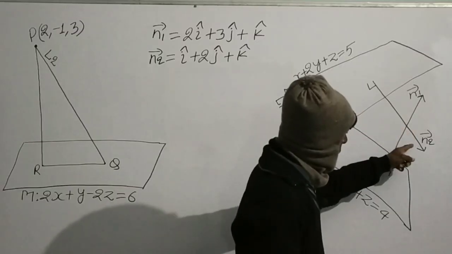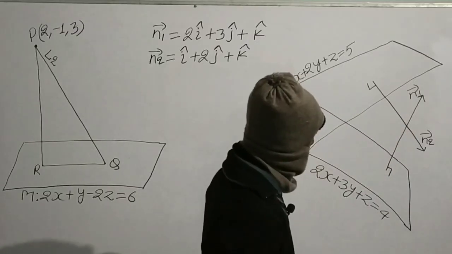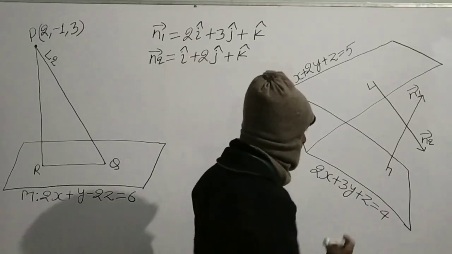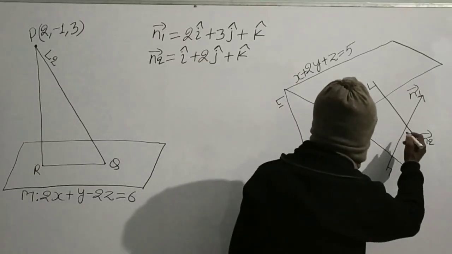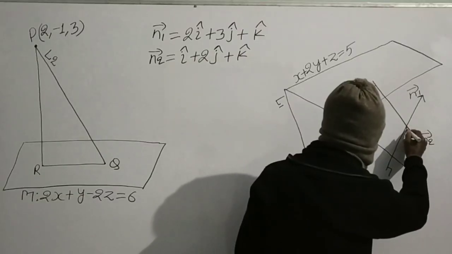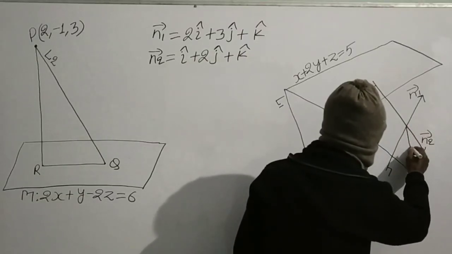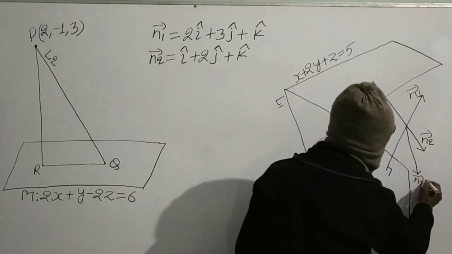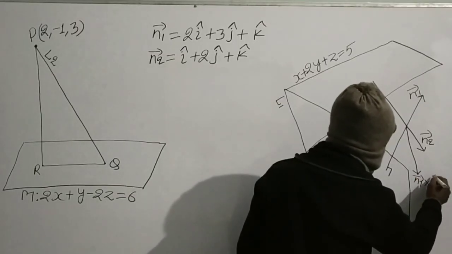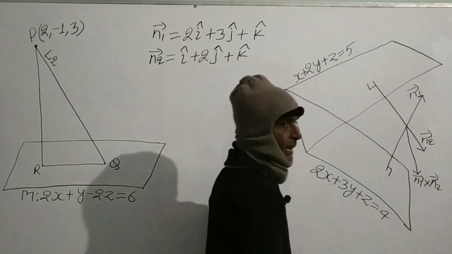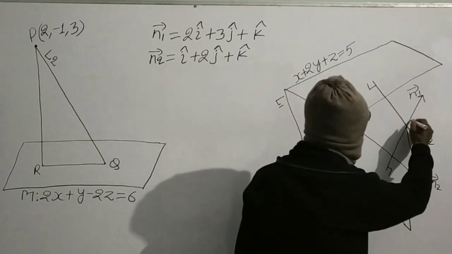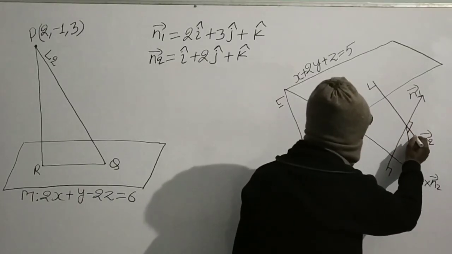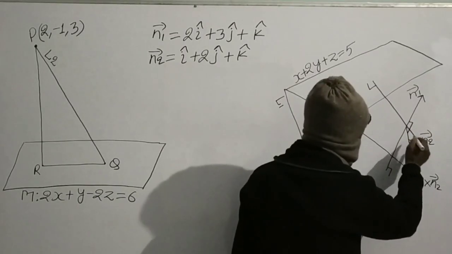N1 cross N2 will be a vector that is perpendicular to N1 and also perpendicular to N2.